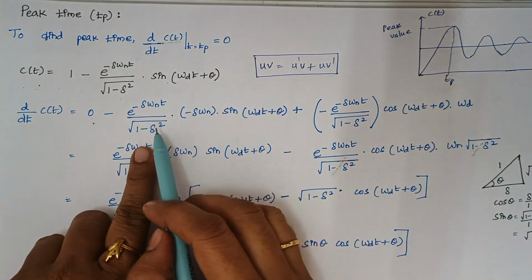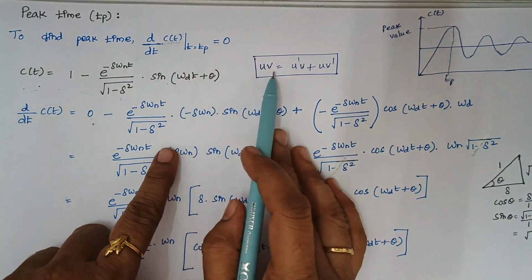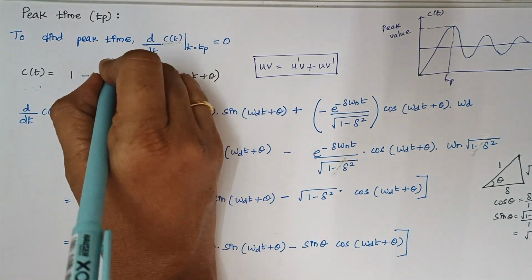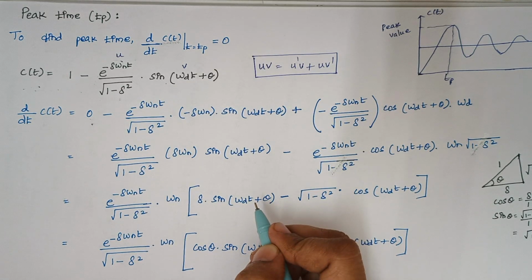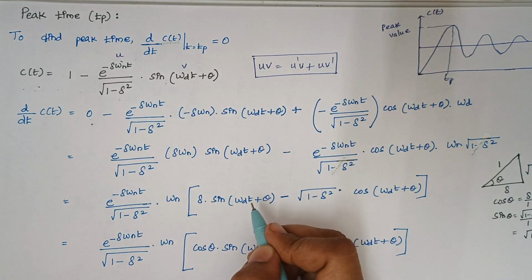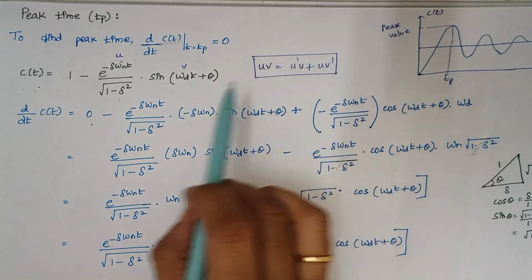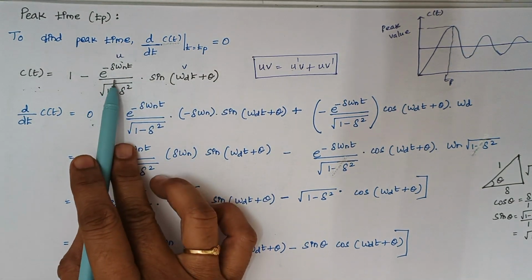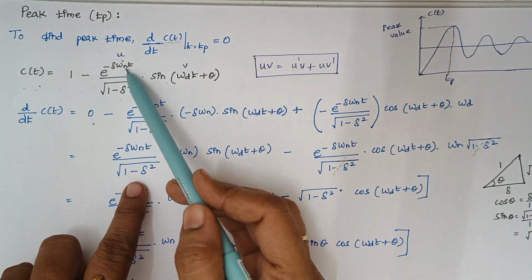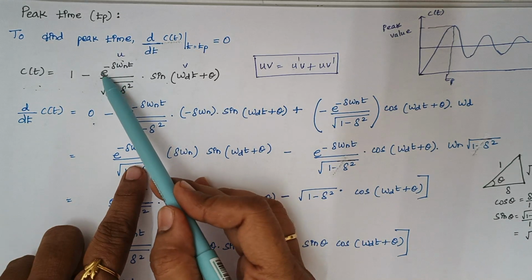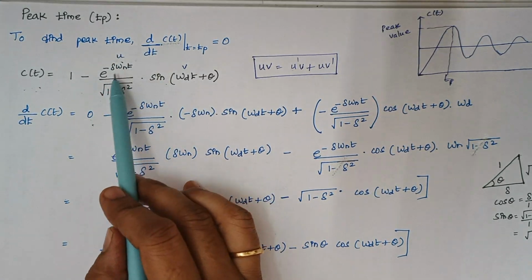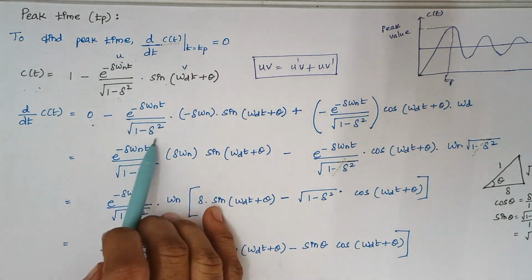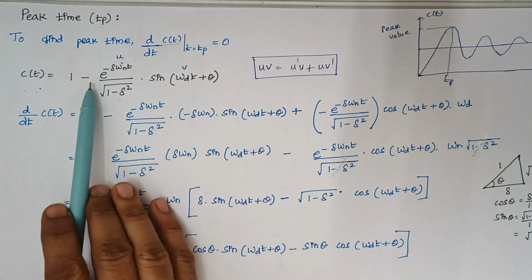Let this term be u and this term be v. Now we are going to differentiate. Here u dash, I am going to differentiate this term. Whenever you differentiate an exponential term, it will remain as such, so we have the same expression with the minus sign.